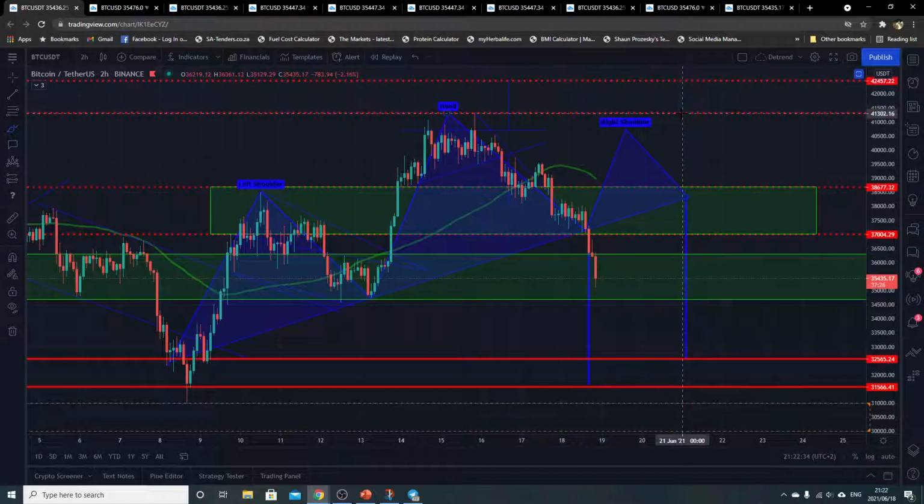Now, I was changing the pattern. I was moving the pattern up and down to fit in with the actual price and the actual candlestick patterns over here.